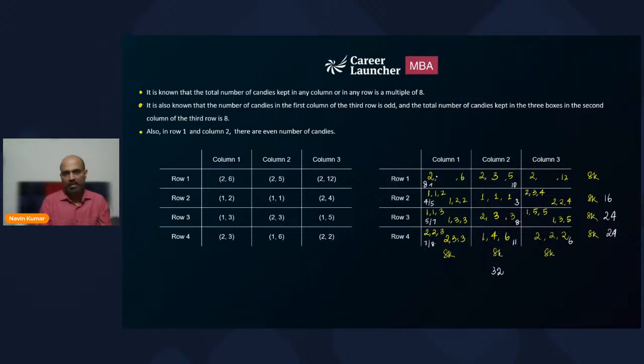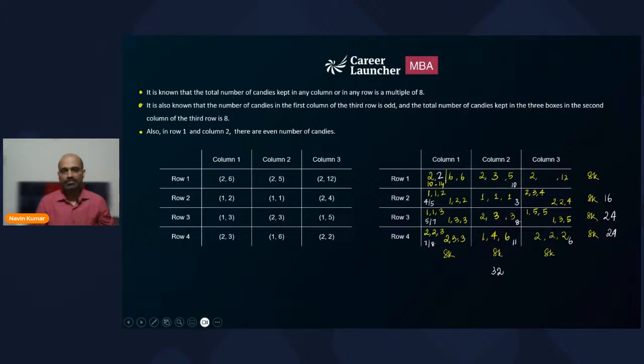The minimum sum we can have is 2 to 6, that is 10. And the maximum sum that we can have over here is, if I take 2, 6, 6, which is going to be 14. So 10 to 14, we can have any sum of candies in the first row, first column.